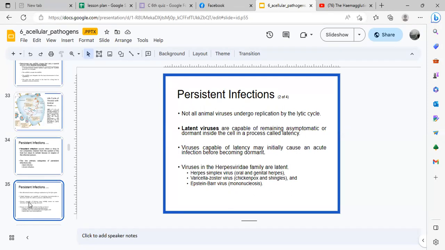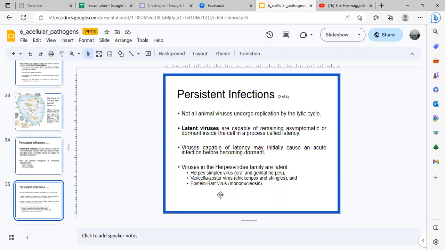So yung some examples diyan, yung herpes simplex virus, you have the varicella zoster. So pag bata, chickenpox. And then pag lumaki, pag adult na, shingles, mas masakit na yung mga blisters na yan. So it's the same virus.